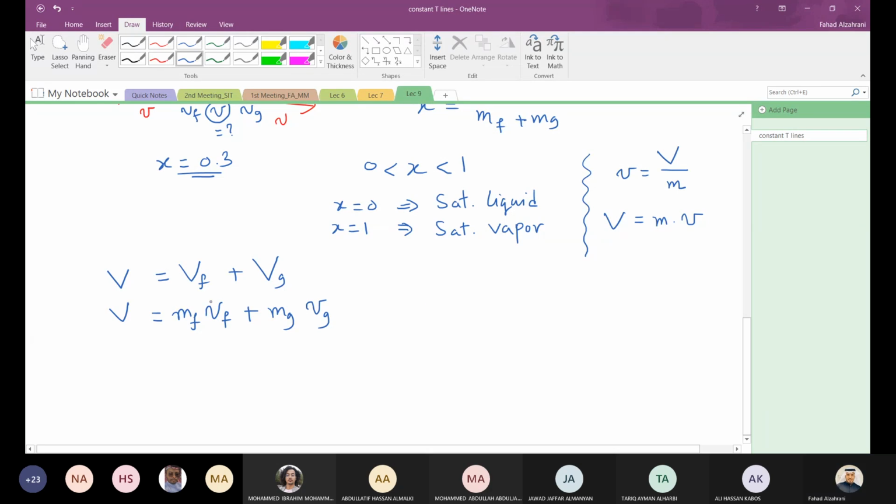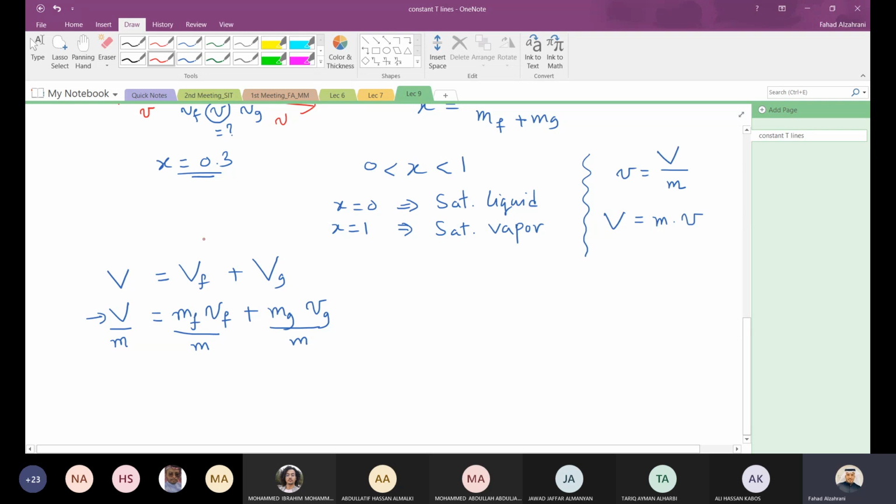This is the total volume. If I want the total mixture specific volume, I divide by the total mass. So let's divide by the total mass throughout.